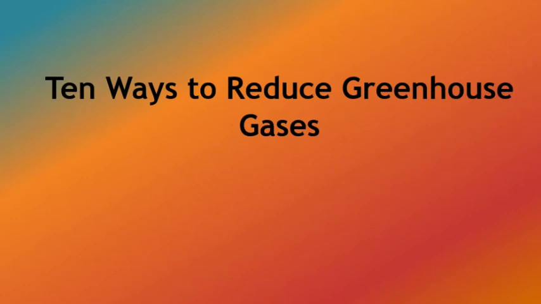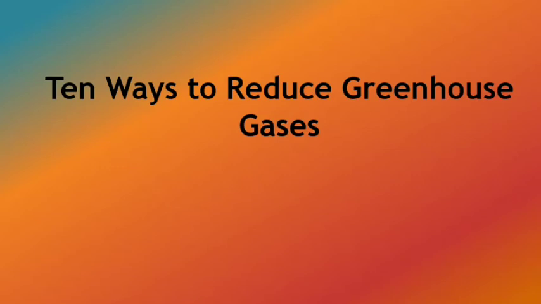Now, after what initiative India has taken to reduce greenhouse gases, we will see 10 ways to reduce greenhouse gases. You know that burning fossil fuels such as natural gas, coal, oil, and gasoline raises the level of carbon dioxide in the atmosphere, and carbon dioxide is a major contributor to the greenhouse effect and global warming.